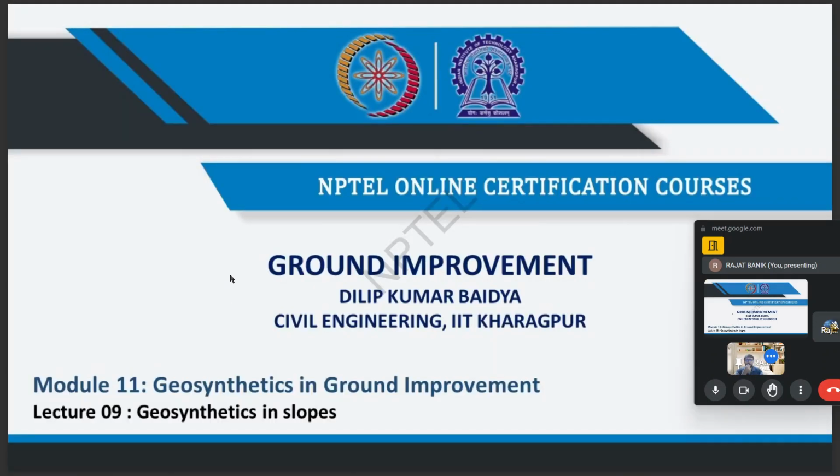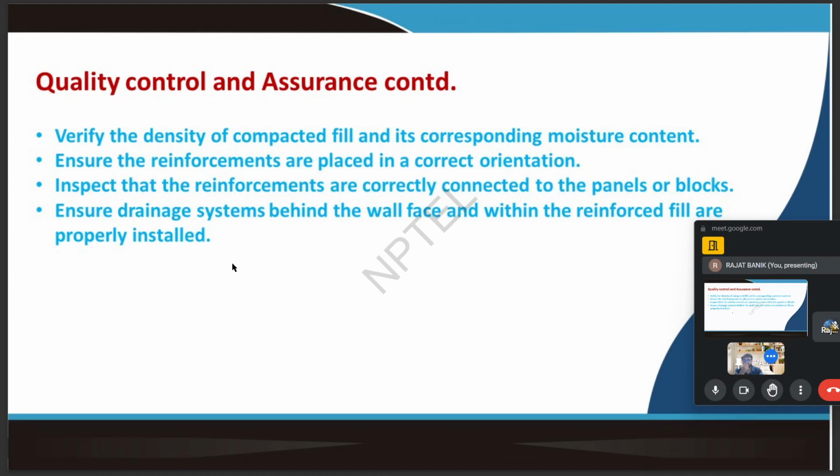Up to this slide we discussed the mechanically stabilized retaining wall.